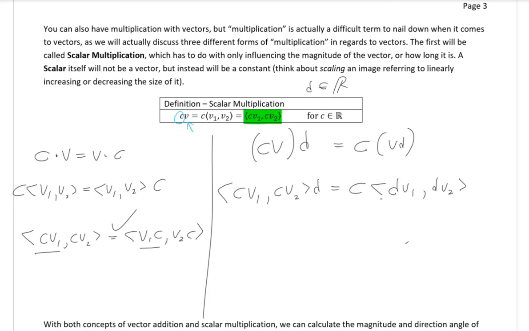And then we just have to multiply d in on the left side here and c in on the right side, and we get the exact same thing. We get c dv1, c dv2 equals c dv1, c dv2. Done.